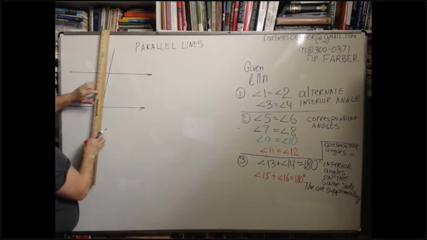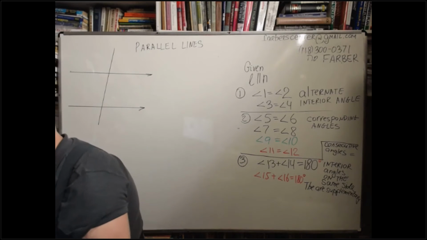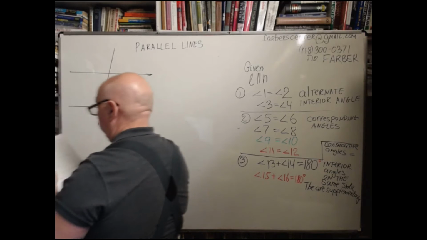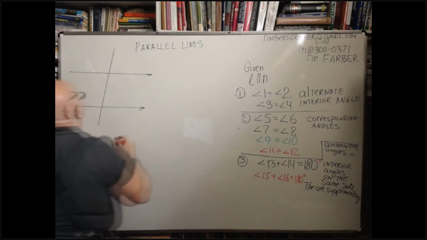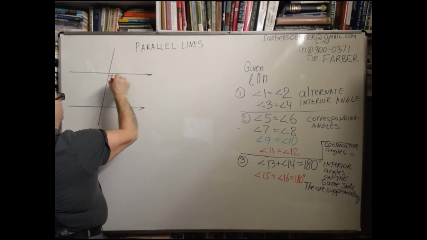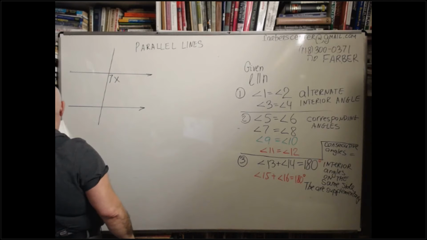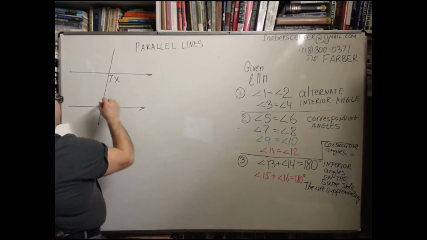Second one, parallel lines. And what else? I know this angle is 7x, this one. And this angle is 5x plus 12.